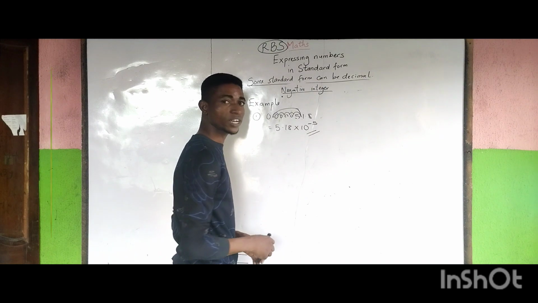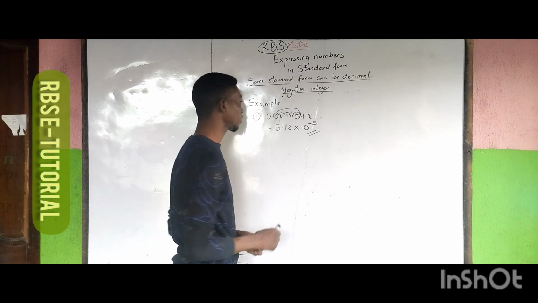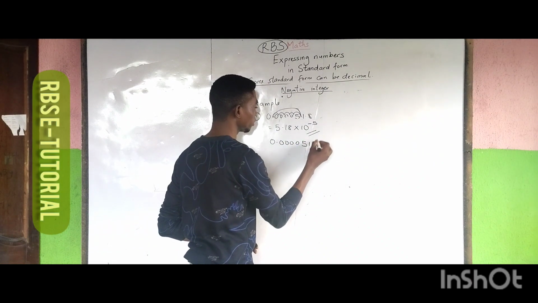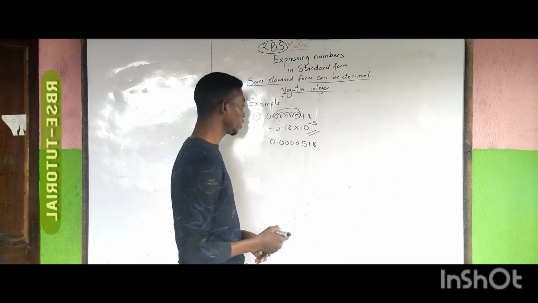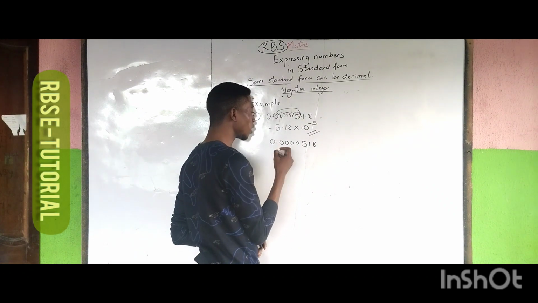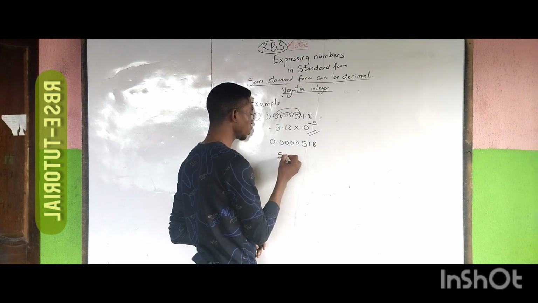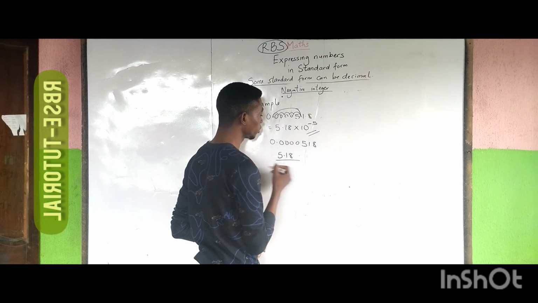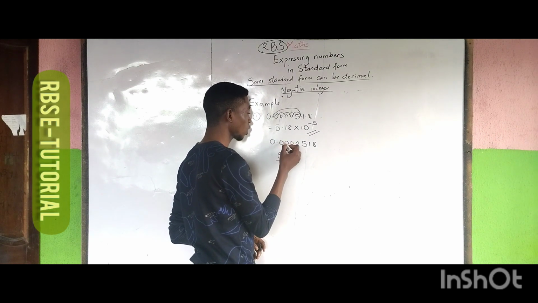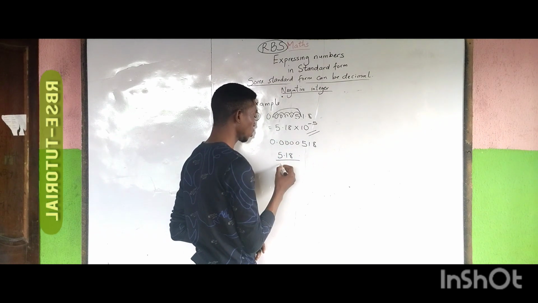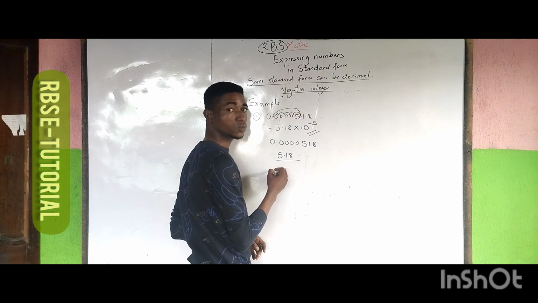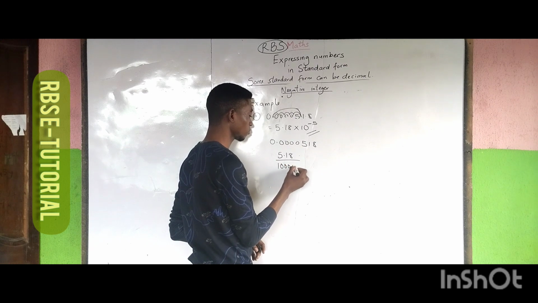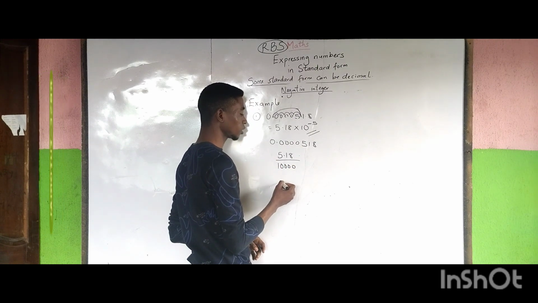Alright, let me do it another way around so you can understand better. 0.000518 can also be done in this way. It will become 5.18 divided by how many times? 1, 2, 3, 4, 5. That is a 10 in 5 places. You understand?